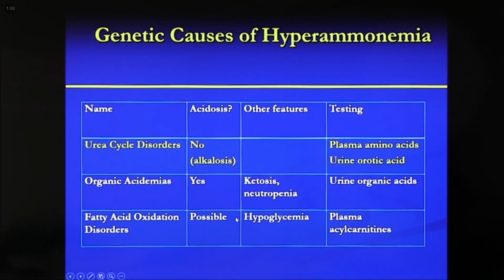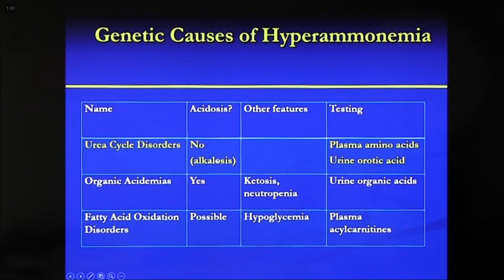Now, if you look at the differential diagnosis of hyperammonemia, there are other conditions that can cause it, but those are more rare. They usually have other symptoms. And for the purposes of this talk, we really need to get to these two, okay? So yes, there's fatty acid oxidation disorders, and we'll go over the presentation later, but urea cycle, no acidosis.